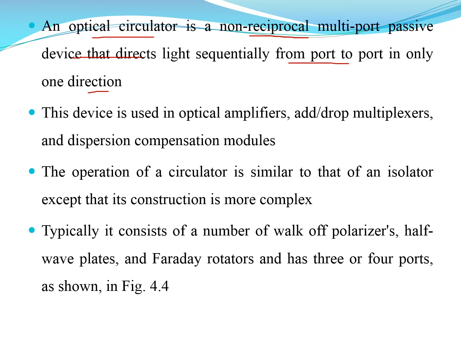This device is normally used in optical amplifiers, add and drop multiplexers, and dispersion compensators. So that is the use of the optical circulator, and its operation is similar to the isolator, but the circulator is a little complex when we construct it. Typically it consists of a number of walk-off polarizers, half wave plates, and Faraday rotators, which has 3 to 4 ports.